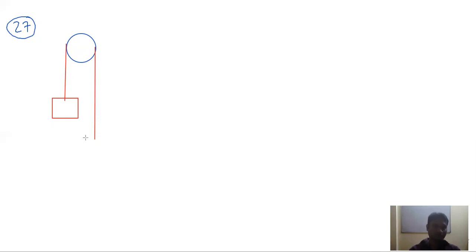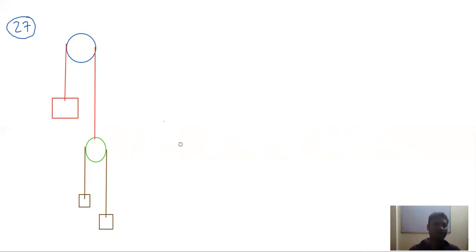Suppose we show the other pulley here like this. This is pulley 2. Now this pulley 2 is again connected by another string, and this other string is also connected to two masses, let us say M2 and M3.